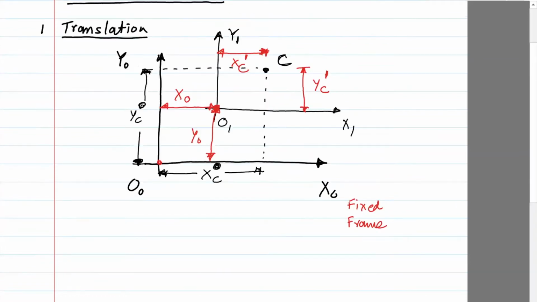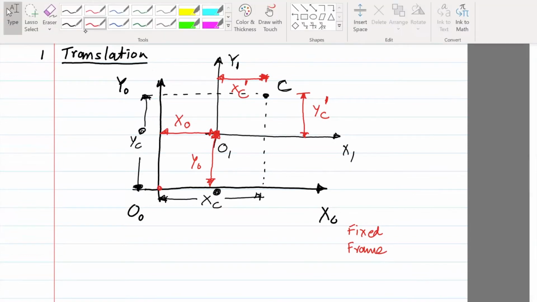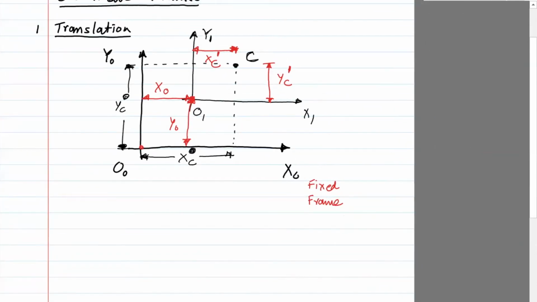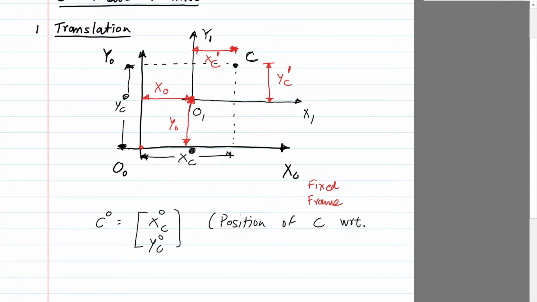Okay, so the notation we'll be using is C0 is going to be the position of point C in frame 0. So this is two-dimensional. So we'll have XC0, YC0, and that's the position of C with respect to frame O, X0, Y0.